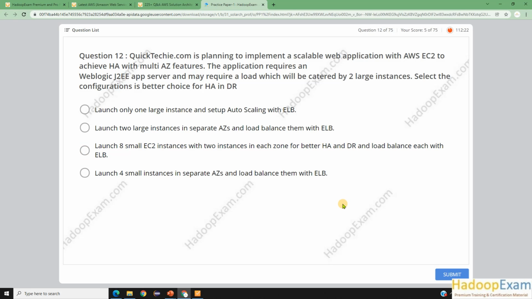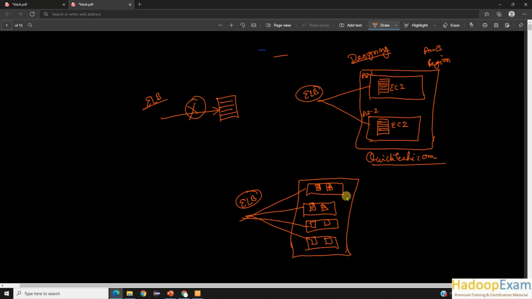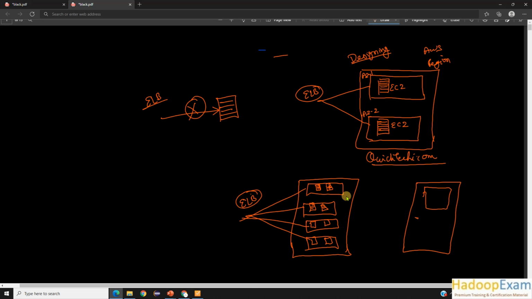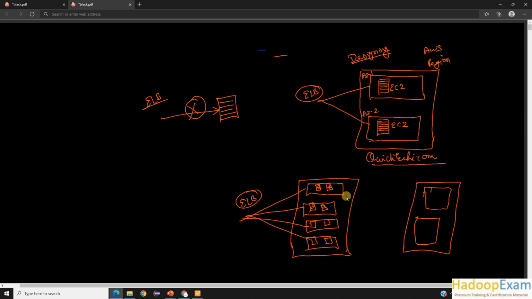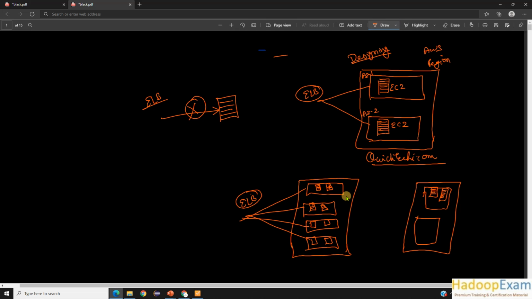Now the last option says launch 4 small instances in separate availability zones and load balance them with the elastic load balancer. So instead of 4 availability zones, they are suggesting a different architecture. Let me draw here 2 availability zones, and 2 instances in each, correct? That is what they are saying.